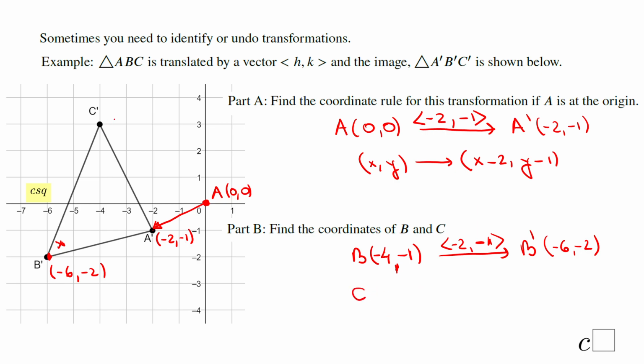Also, C, it's the guy we need to find out. And I'm going to write here -2 and -1. This is the original vector. I want to undo the guy. C prime, which is this point here, is what? -4 and 3. Okay, so whenever you want to undo, you may want to think backwards, and that will be this way: add 2, add 1.